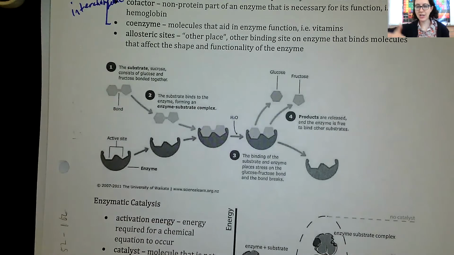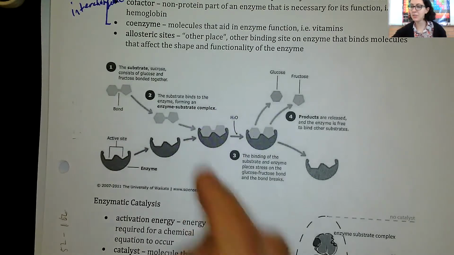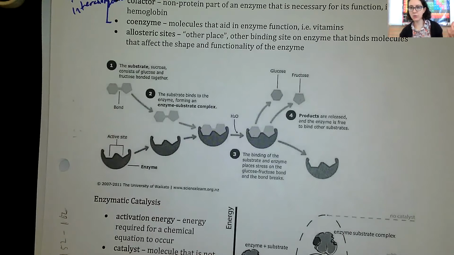If that concentration increases, the enzyme will work more quickly because there's plenty of that. Like for example, this is sucrose. If there's tons of sucrose around, the enzyme will constantly have more sucrose entering that little active site. If that concentration decreases, then the enzyme won't work as quickly because there's nothing to convert.